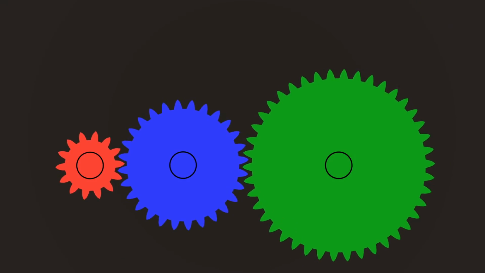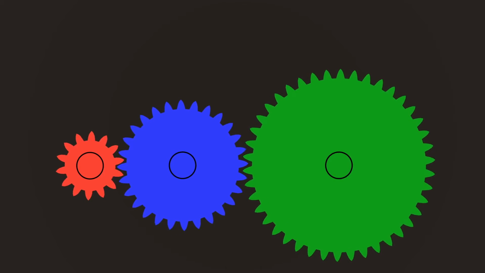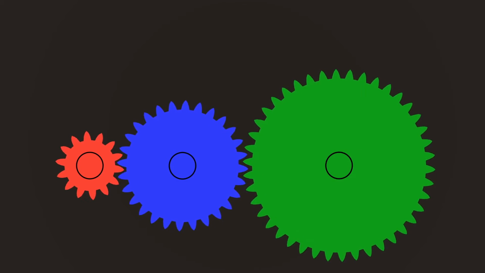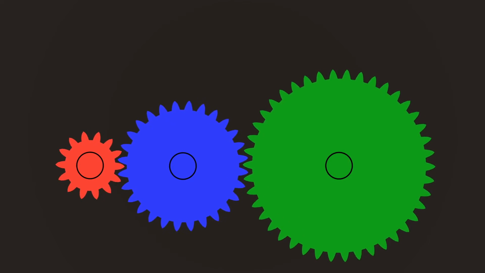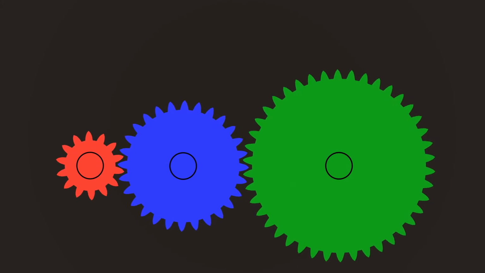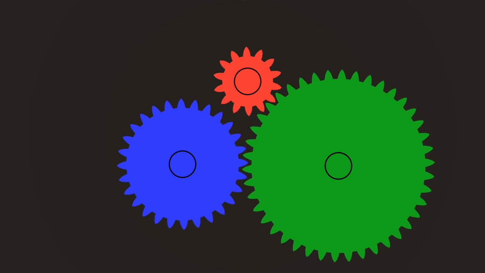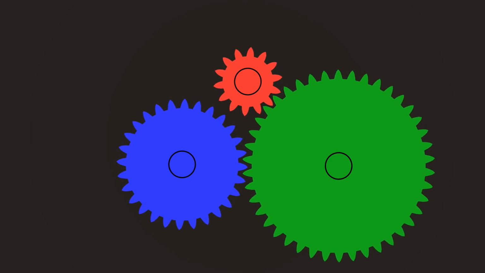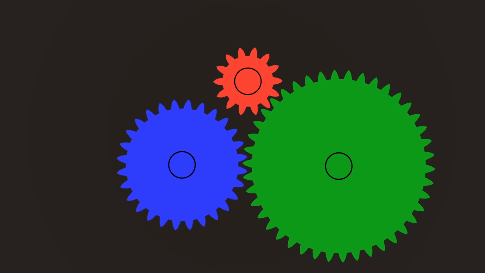Finally, let's get those gears spinning. When gears are interlocked one after the other, like in this model, and we spin, for example, the green one, you can see that every other gear rotates in the opposite direction. This is because of the interaction between each gear and the one it interlocks with. If the smallest red gear is now placed such that it interlocks with the green gear instead of the blue gear, it will rotate in the same direction as the blue gear.